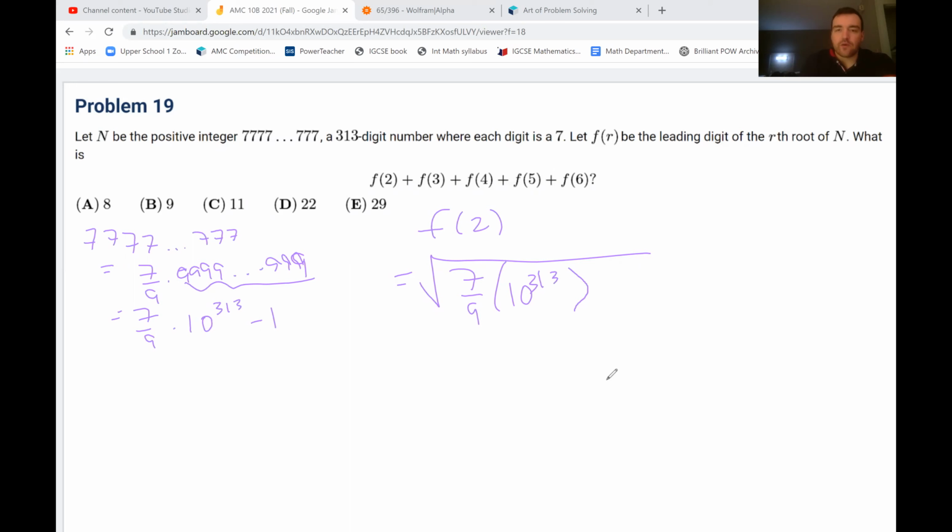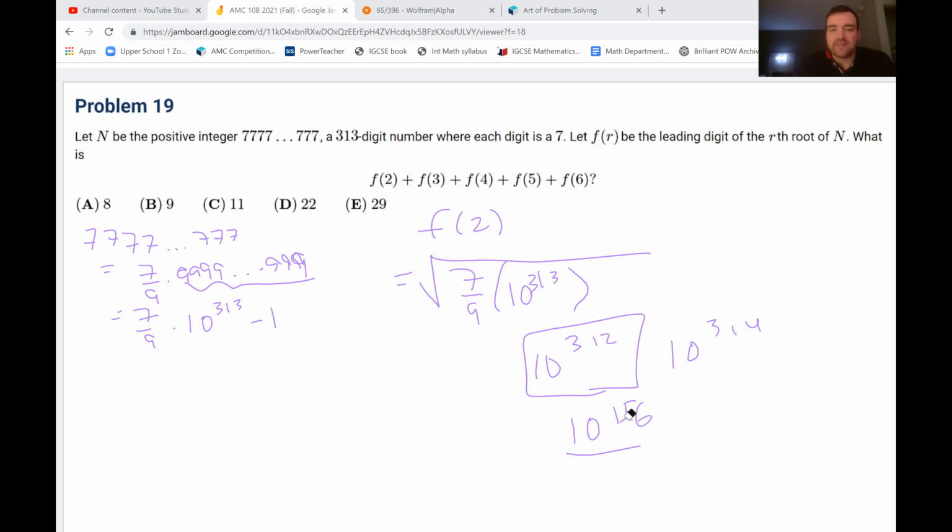But now, the square root of 10 to the 313 is going to have the same leading digit as the square root of 10 times 10 to the 312. The square root of 10 to the 312 gives you 10 to the 156, which just throws a bunch of zeros at the end of your number, so that's not going to affect the leading digit.